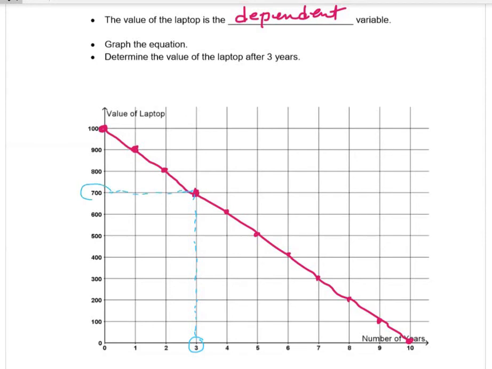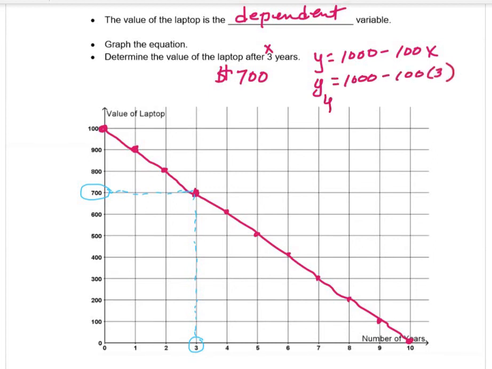I see that the value is $700. The other way to do this problem is to go back to my equation, y equals 1,000 minus 100x, and I know that x is going to be 3 because 3 is the number of years. So I put 3 in for x, and that's going to give me 700 as well.